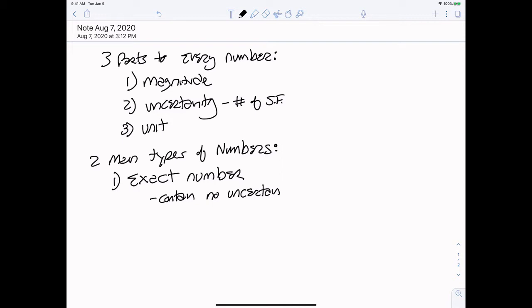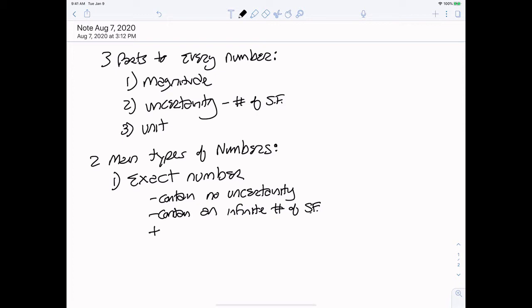So if these have no uncertainty, then they have an infinite number of significant digits. Right, we want them to have as many significant digits as possible, and that's infinity. So they have an infinite number of significant digits, or significant figures, thus the F in my abbreviation.